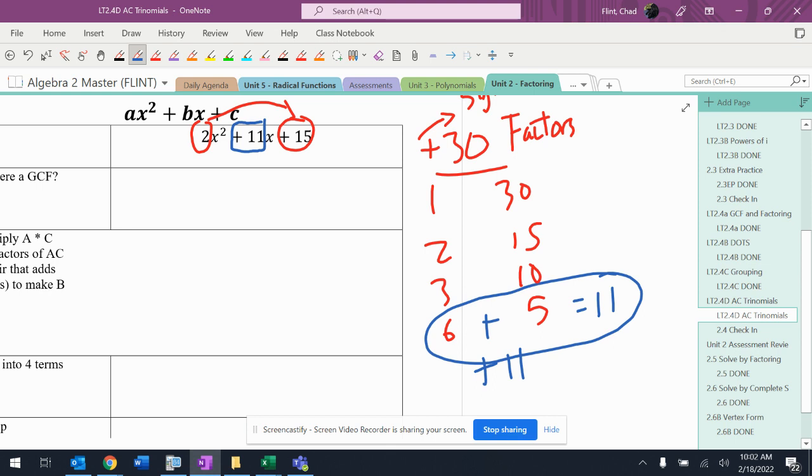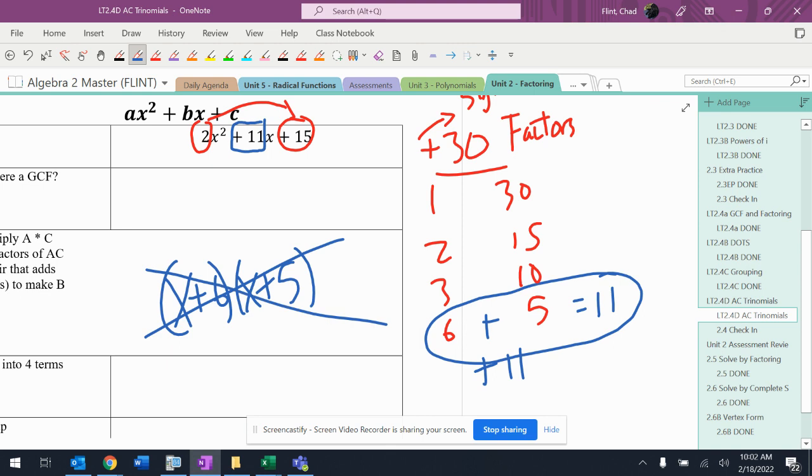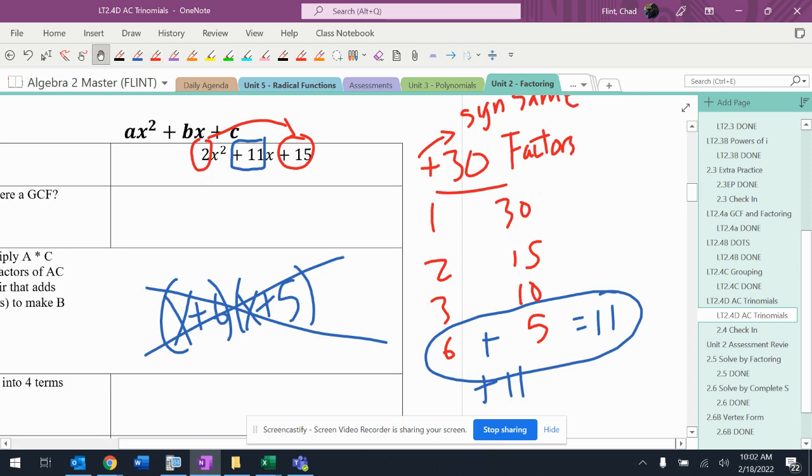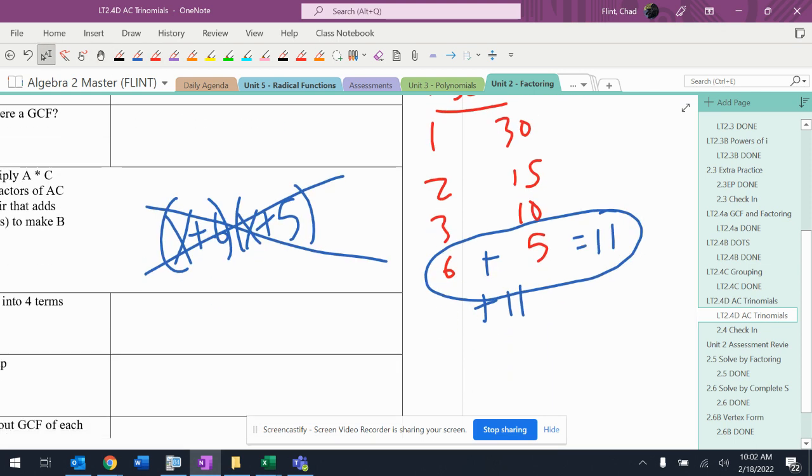All right. Now, the next twist is that doesn't mean that I get x plus 6 and x plus 5 like I used to. That doesn't happen. What this means is I'm going to split the middle thing, the 11x, into a 6x and a 5x. So I have 2x squared and I have a 15 at the end.